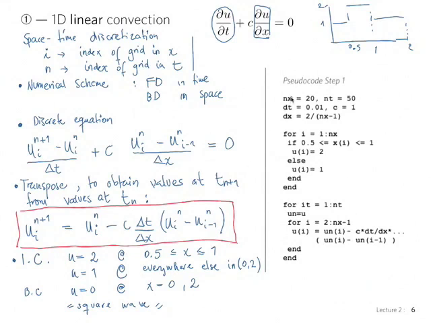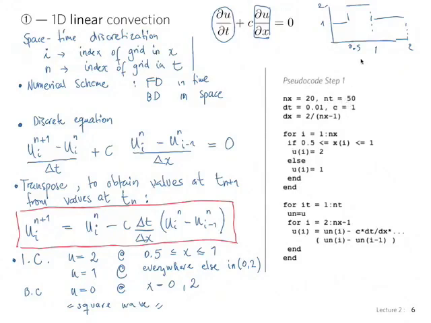We've chosen to divide the domain in x in 20 points. So the number of points in x is just a variable that I choose to be equal to 20, could be anything. I've decided that the number of time steps are going to be 50.